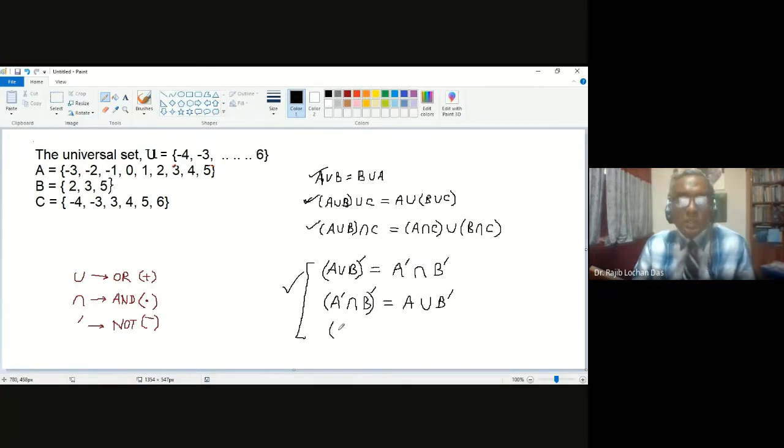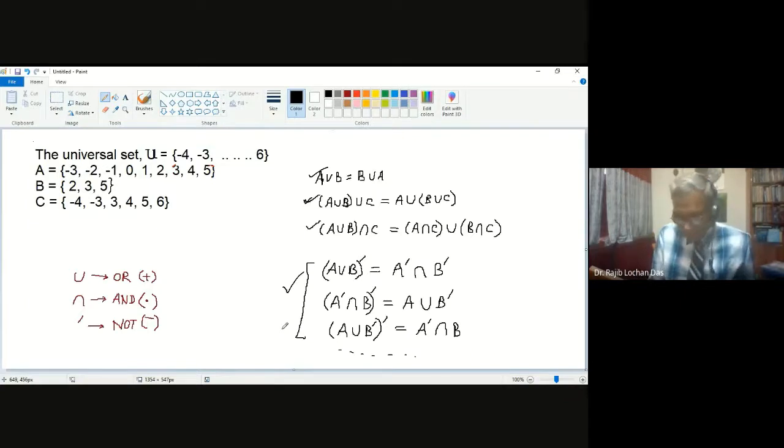Say A union B complement then bracket complement. So it will be A complement then intersection then B, only B. So there may be many others possible.